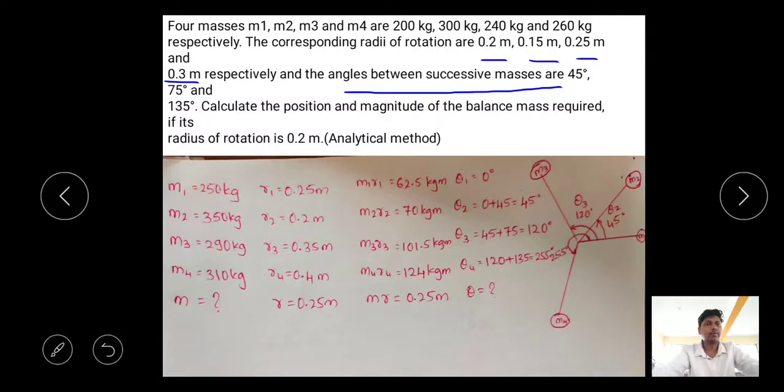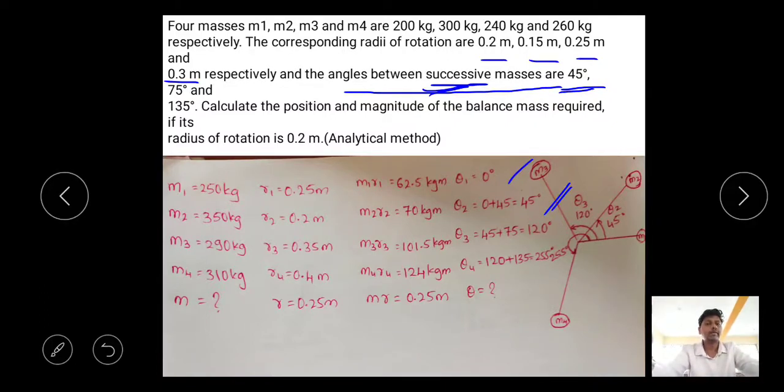The first angle will always be 0 degree. For the second angle, 45 is given, so you have to add the previous angle, that is 0 plus 45, and you will get the correct angle. When the word successive is used, you just add the previous angle.